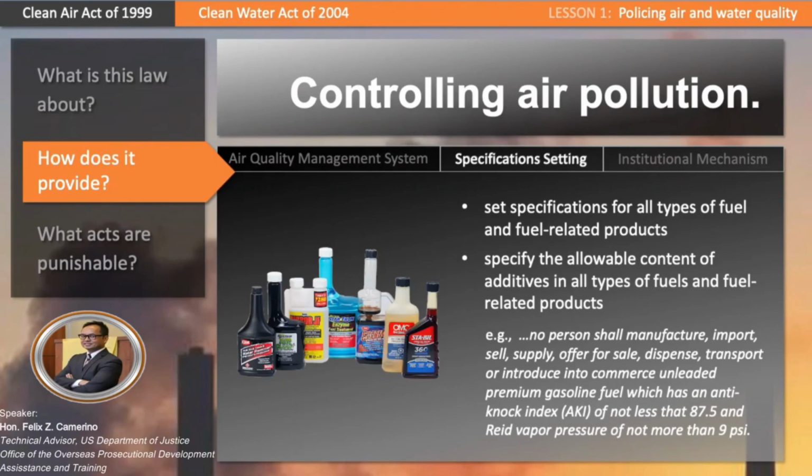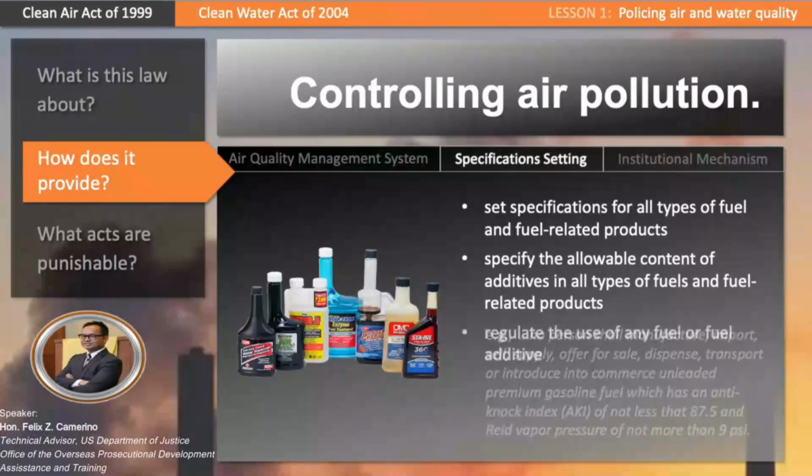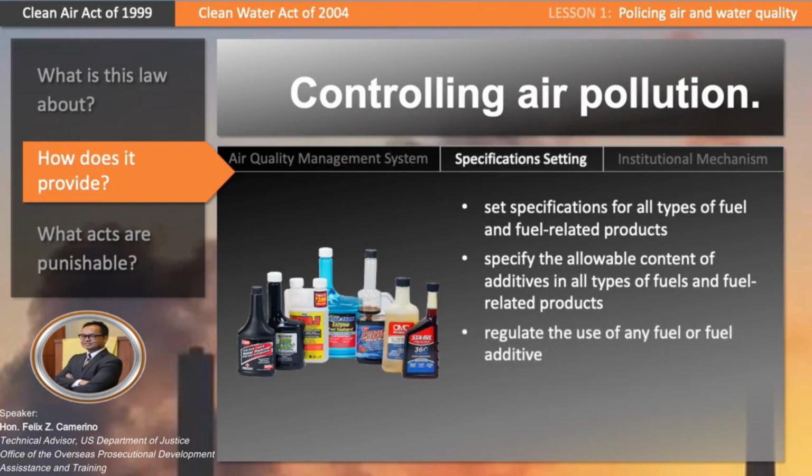What else might we find in this category within the law? It talks about regulating the use of any fuel or fuel additive. And when we say regulate in this context, and actually even in earlier laws it was in the same context, when the word regulate is used, there is obviously need for permission or licensing.